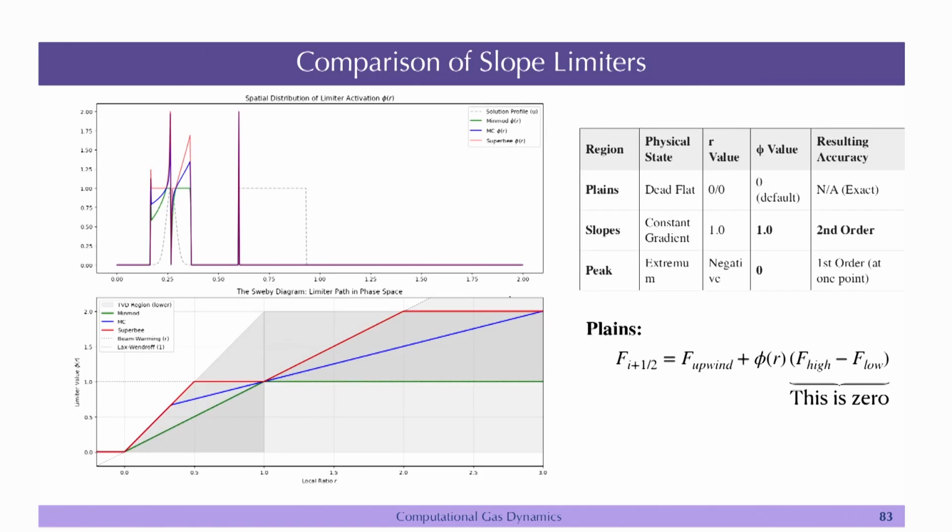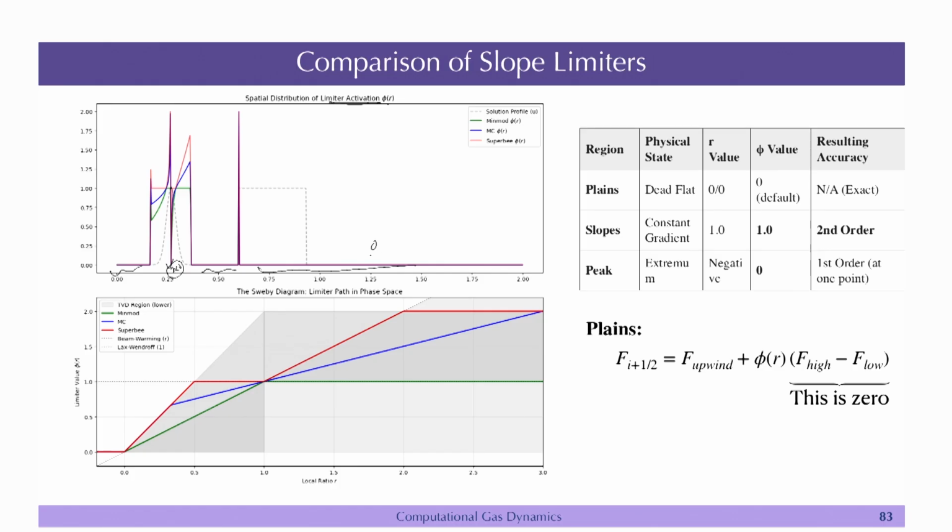I also want to show you this picture here. What I have plotted here is the value of phi r. If you look at this peak, where r is less than 0, they all go to 0. These are the flat regions, nothing is happening here.